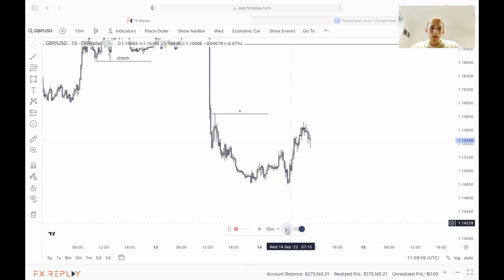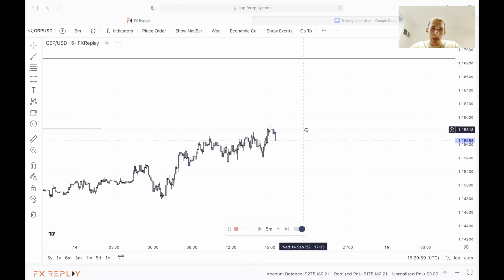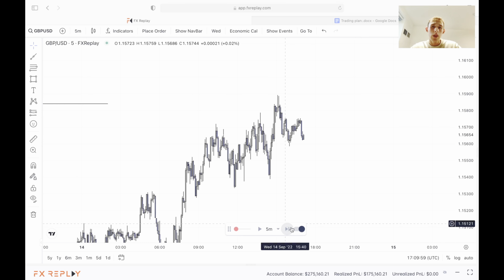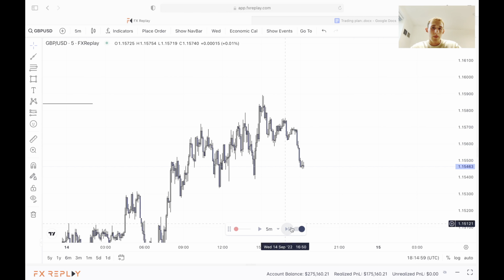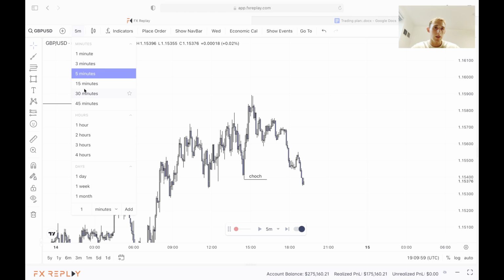There we go. So we have a sweep. And now on the 5 minute, I would simply want to see structure fail, so this low has to go for me. There we go. That would be our change of character.